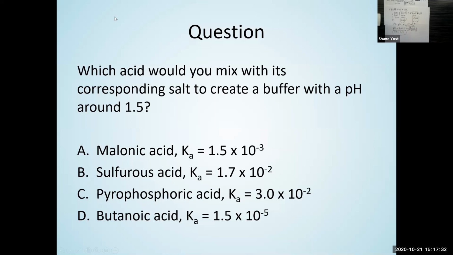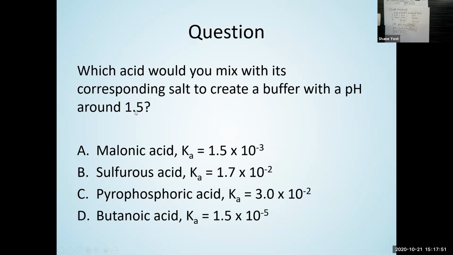And so to solve this problem, you would take the negative log of each one of these Kas. And when you do that, I believe it's sulfurous acid here, B, that has a pKa closest to a pH of 1.5.